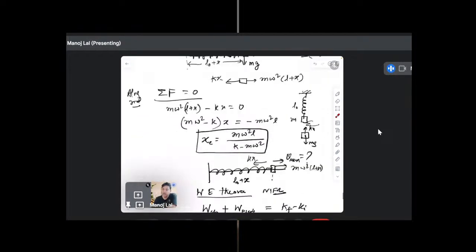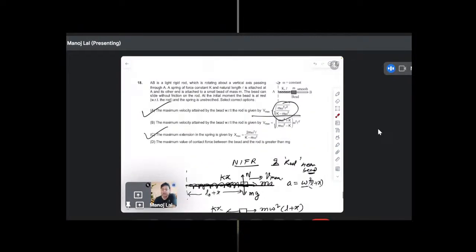Student, if you see from the ground frame, how is the motion of the bead? The bead is moving along the rod. From the rod frame, the motion is going from initial to equilibrium to extreme, and then coming back, to and fro motion, back and forth, like a simple harmonic motion.